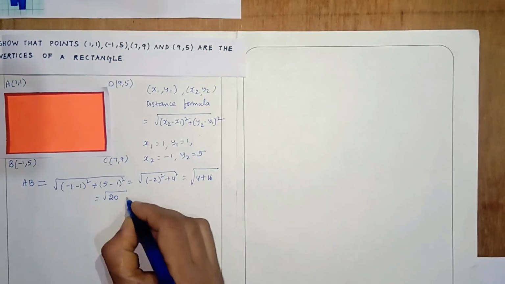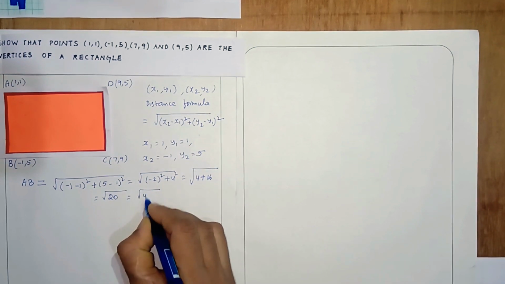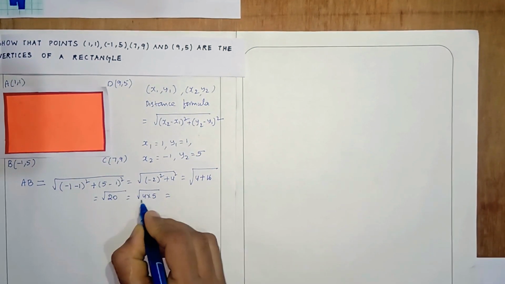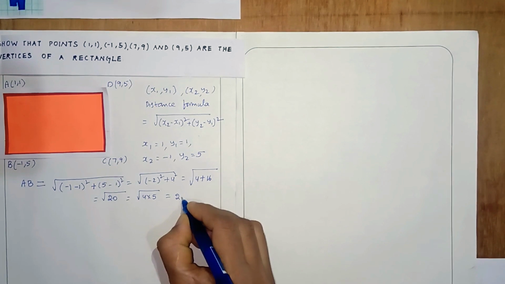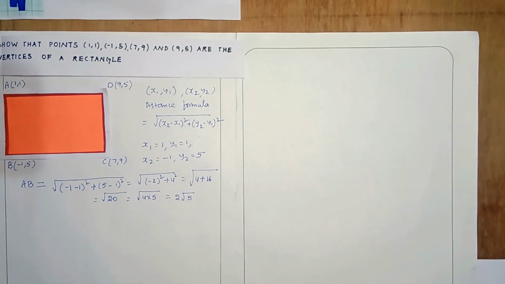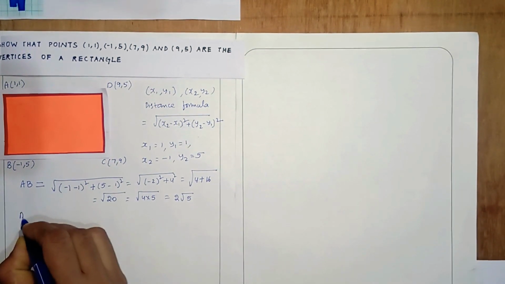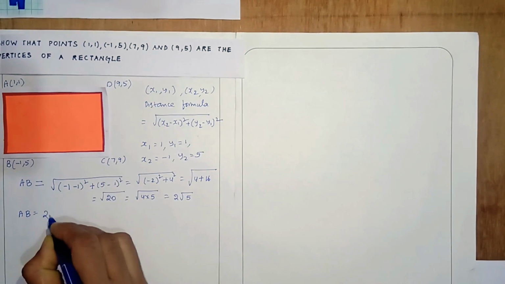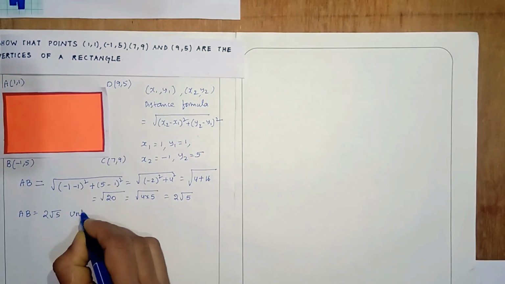Root 20 can be written as root of 4 into 5. Root 4 is 2, so 2 root 5. Therefore, the length of AB is 2 root 5 units.